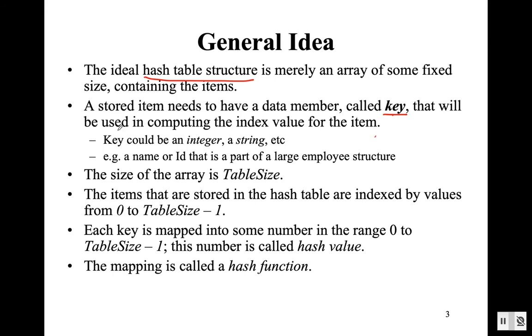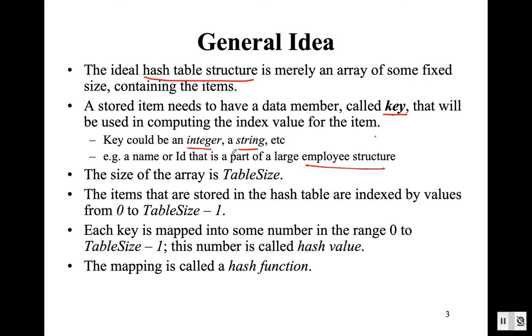The key that will be inserted in the hash table could be an integer or a string. For example, if you have a large employee data structure, the key item could be a name or id of that employee structure.